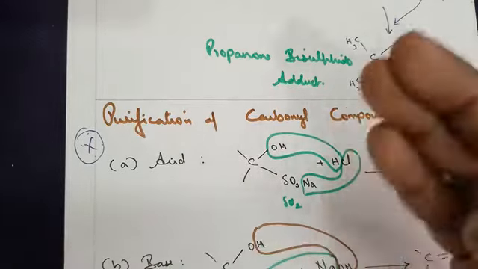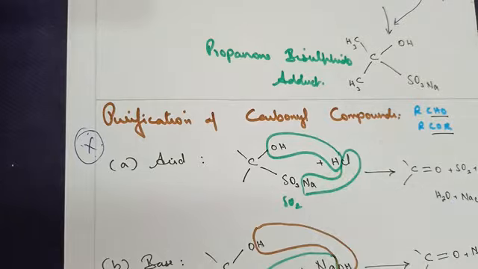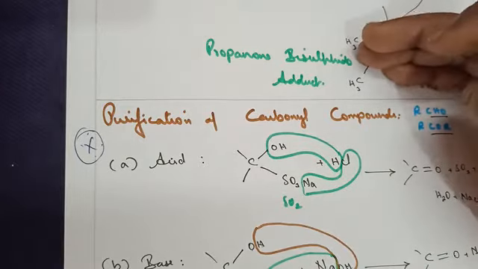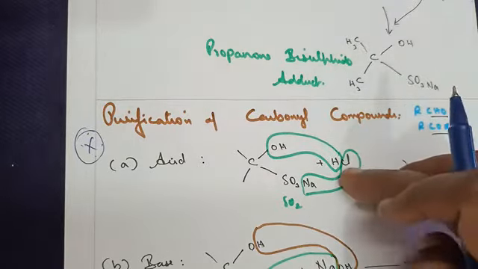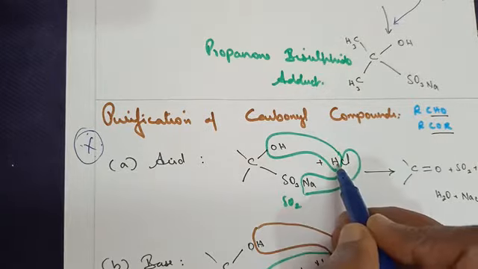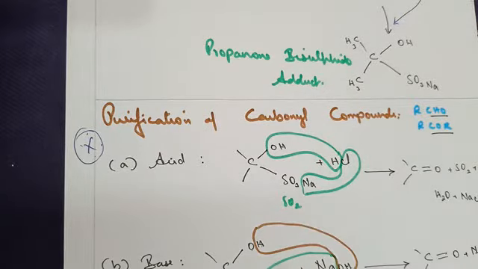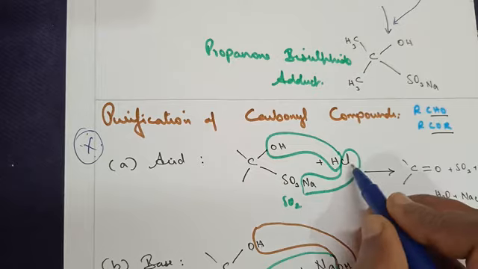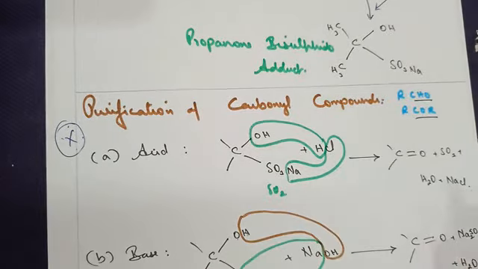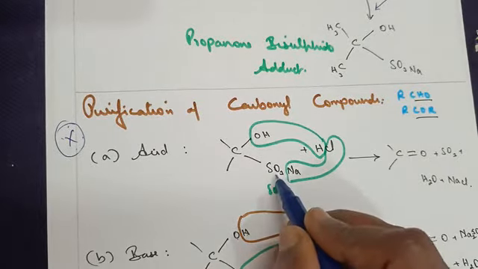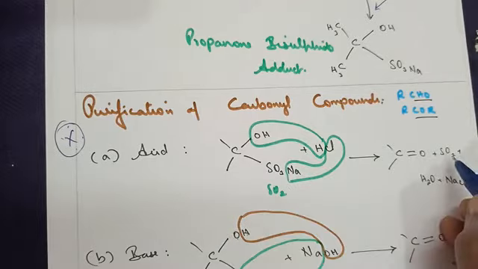For purification, when you treat the adduct product with HCl, OH and H combine together and go out as a water molecule. Na will combine with Cl and goes out as NaCl. SO2, sulfur dioxide, goes out.